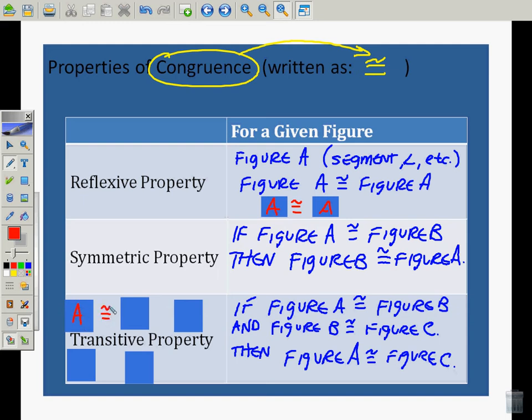So A is congruent to B, but B is congruent to C. What the transitive property allows us to do is say, let's forget about this part. We will just say figure A is congruent to figure C. Okay? Those are the properties.